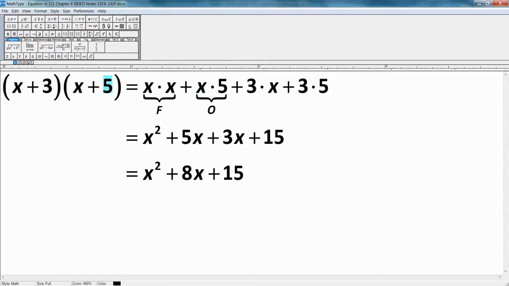So those 2 are on the outside, so that's O. And then these 2, the 3 and the x, are on the insides. 3 is here, x is here, so that's inners. And then the 3 and the 5 are lasts, because they were the last positions in their respective parentheses. So F-O-I-L, FOIL. First, outers, inners, last.